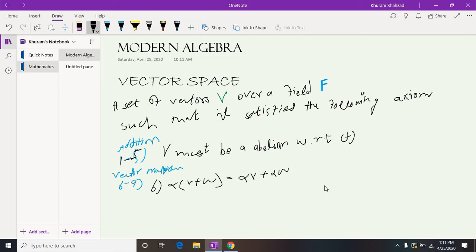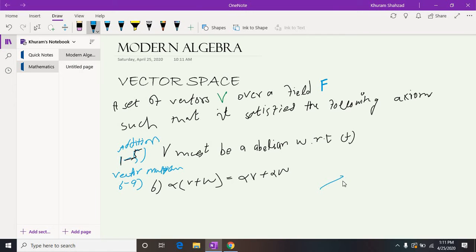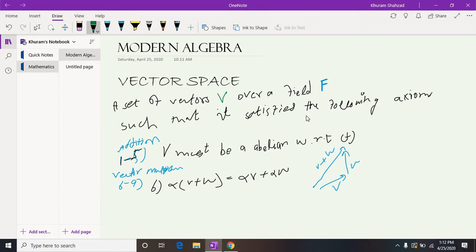And let's see how this happens graphically. So graphically, this is a vector and this is another vector, this is V and this is W. If you add those vectors, then here will be your resultant vector, which will be V plus W. And in the case when you multiply alpha with your V plus W, what happens?